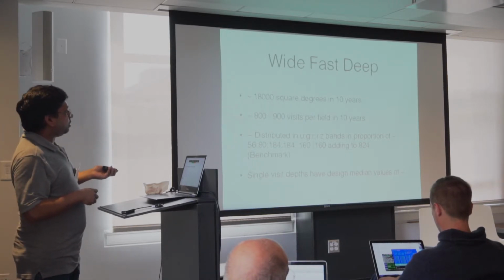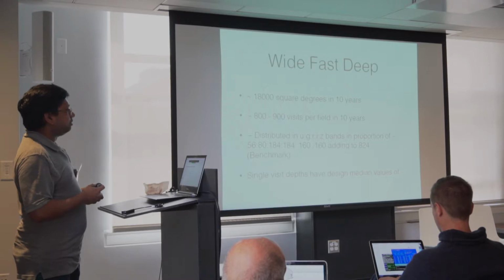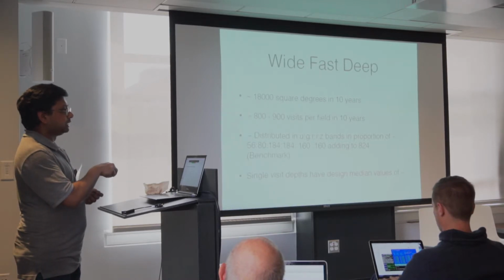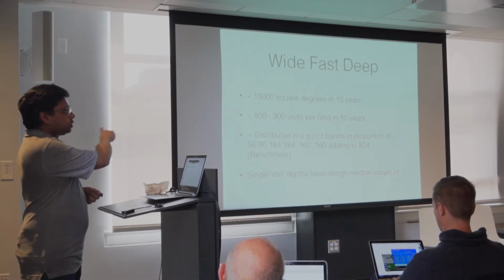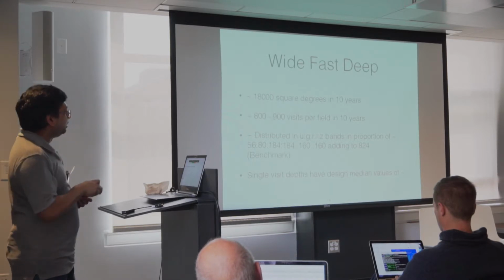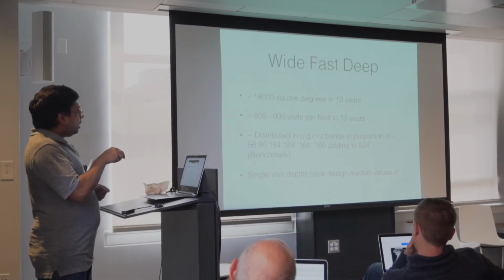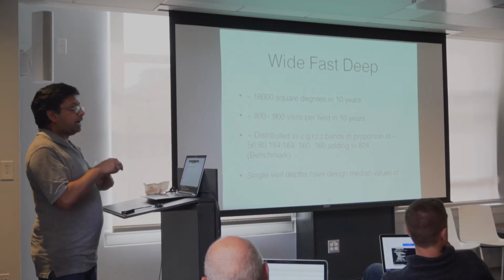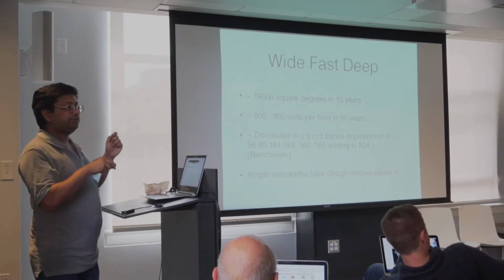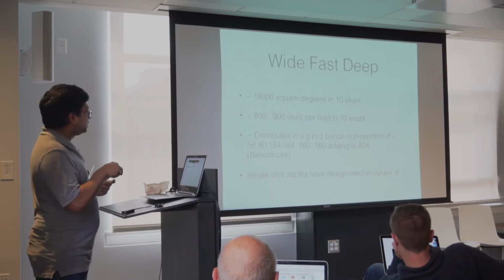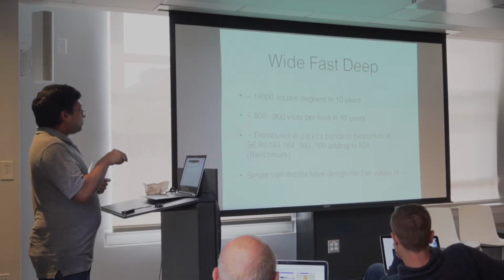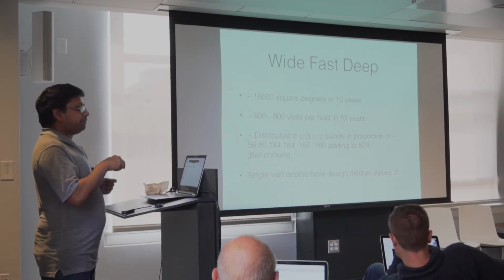So the one that we mostly talk about is the wide fast deep or universal cadence. This is this large swath of the blue area that I'm showing. It's about 18,000 square degrees. Each patch of sky gets about 800 to 900 visits over 10 years, and it's distributed in different bands.